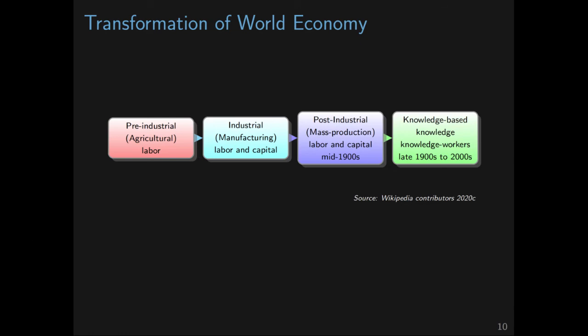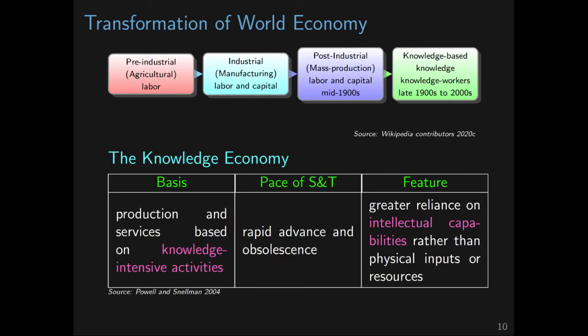Now we have the knowledge-based economy, in which knowledge and knowledge workers are more important than the physical inputs such as labor and capital. So, the basis of the knowledge economy are knowledge-intensive activities such as research and development, creation of companies around technologies, and similar activities.